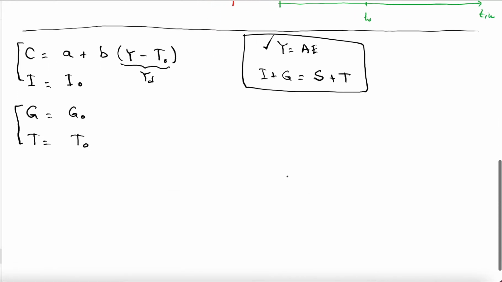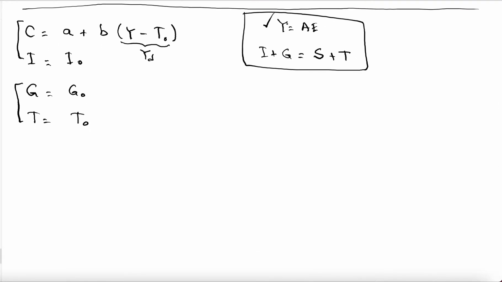Both can be implemented. We go for this for the time being, but in some examples you may wish to use this equation. So if we go with this, Y will be equal to A plus B(Y minus T0) plus, so up to here is the consumption, and then I forgot to write it here, C plus I plus G. Aggregate expenditure is these three. So consumption, I wrote it.